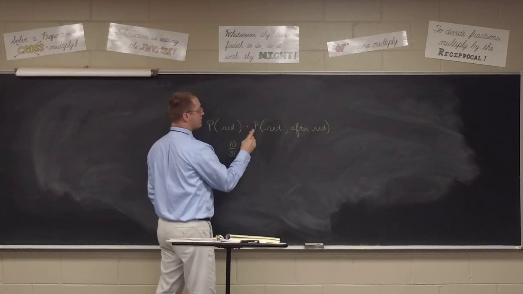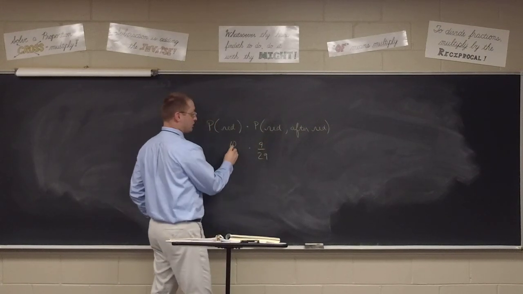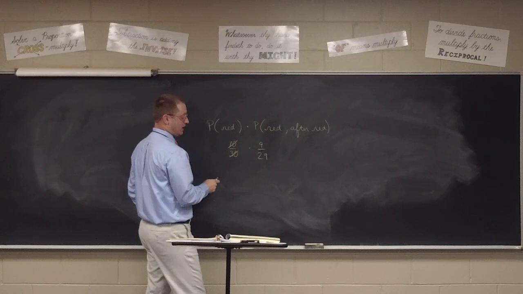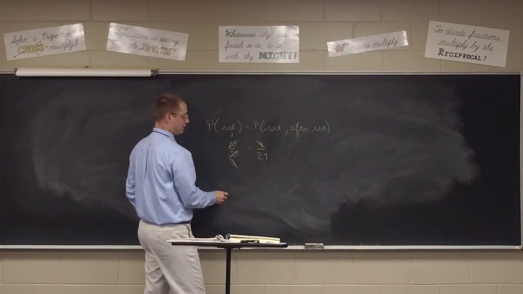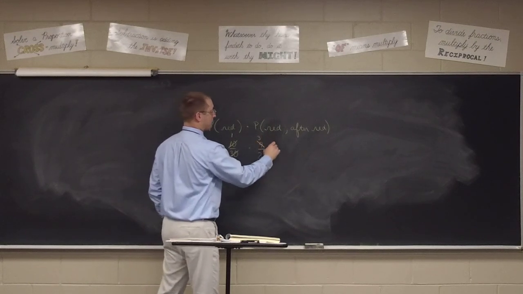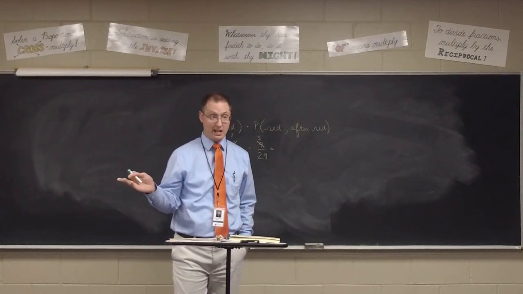What's the probability of another red right after that? 9 to 29. We can reduce the 10 and the 30 to get 1 to 3, but we can also reduce the 3 and the 9 to get 1 and 3. So our probability is 3 to 29.